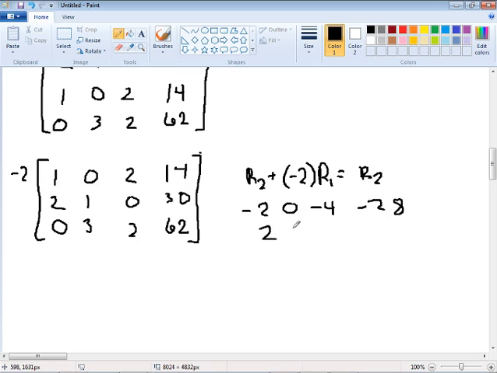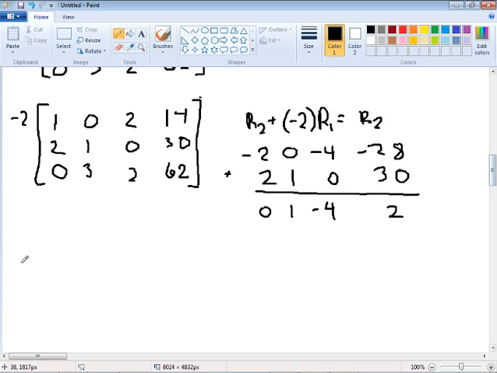This is 2, 1, 0, 30. So now I'm just going to add. Well, -2 plus 2 is 0. 0 plus 1 is 1. -4 plus 0 is -4. And -28 plus 30 is 2. This is going to become my new row 2.